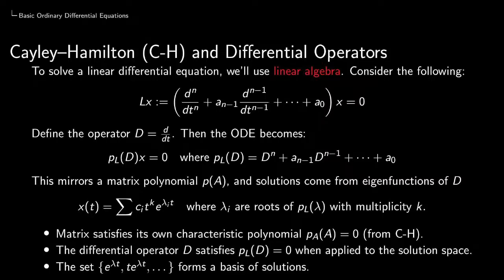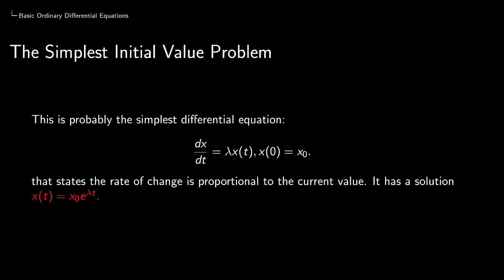And the solutions come from the eigenfunctions of the derivative. The eigenfunctions of the derivative, as we sort of saw in this problem, are the exponentials, e to the lambda t, where e to the lambda t has an eigenvalue of lambda.